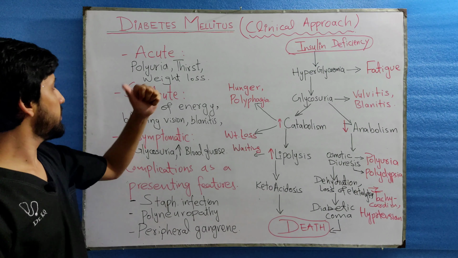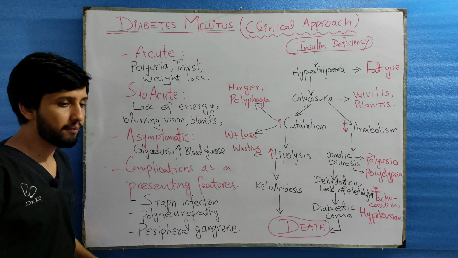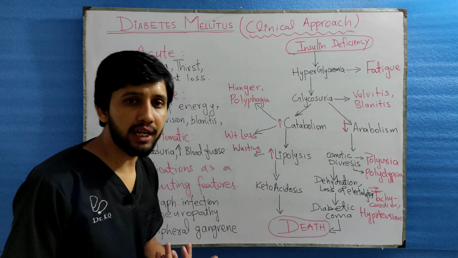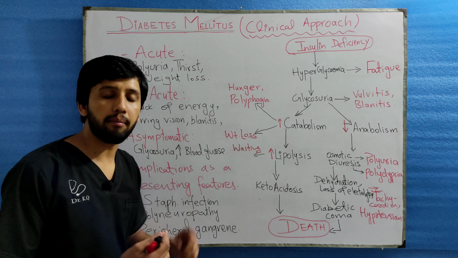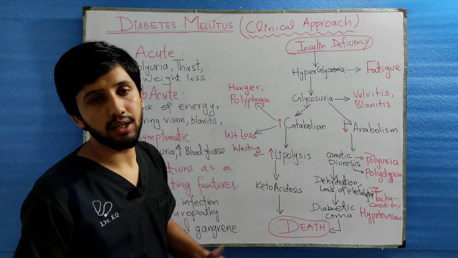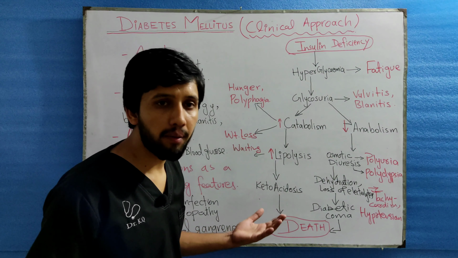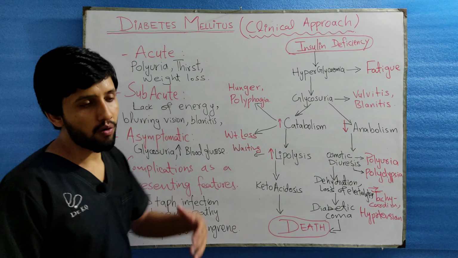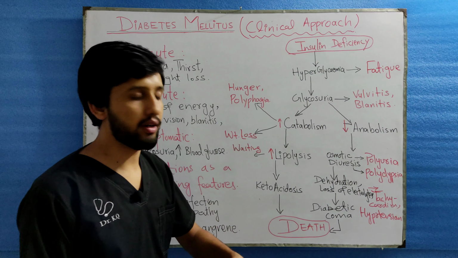Asymptomatic diabetic patients usually present with no symptom of illness, but there will be increased blood glucose level and glycosuria. We have discussed the complications which are macrovascular, microvascular, immune complications, and metabolic complications. But some complications are presentable when a patient comes to you in a clinic.